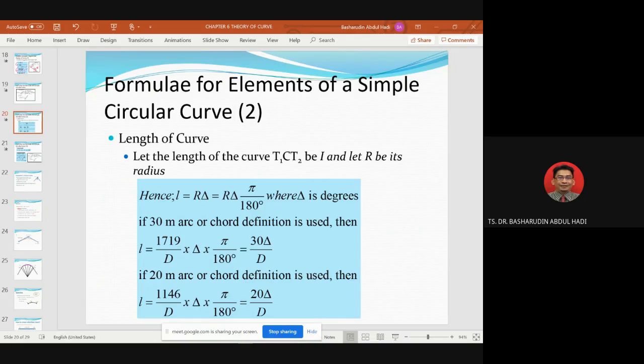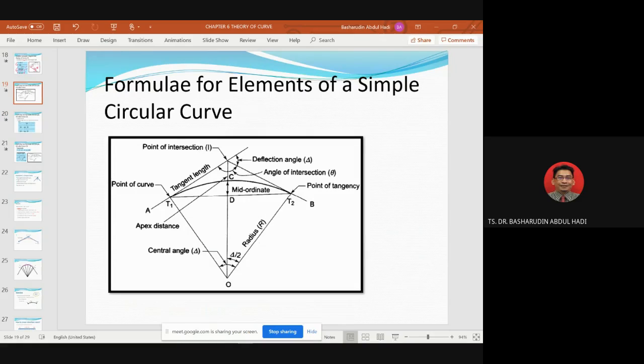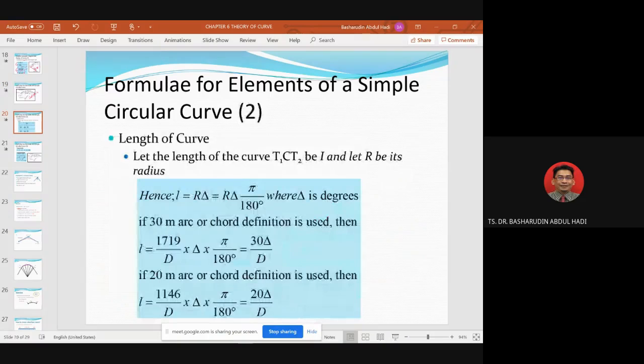Because we have this graphic, we can measure angles and distances and search for the mathematical relationships. This is the mathematical relationship for the curve, the formulas for the elements of a simple circular curve.